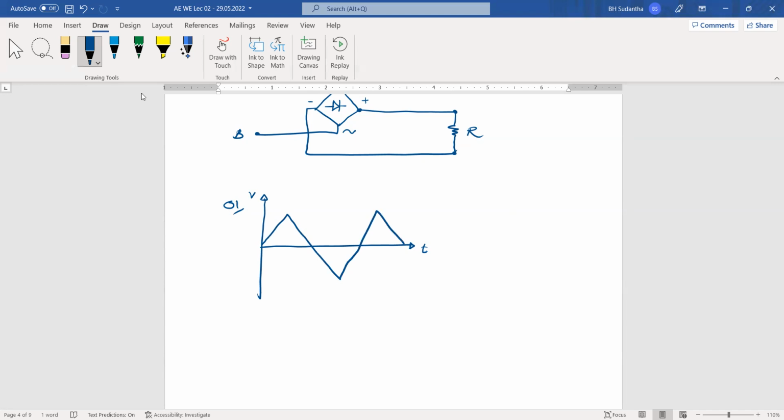Can you draw the output waveforms? These voltages you can give to both half wave and full wave rectification circuits, and let's draw the output for these.